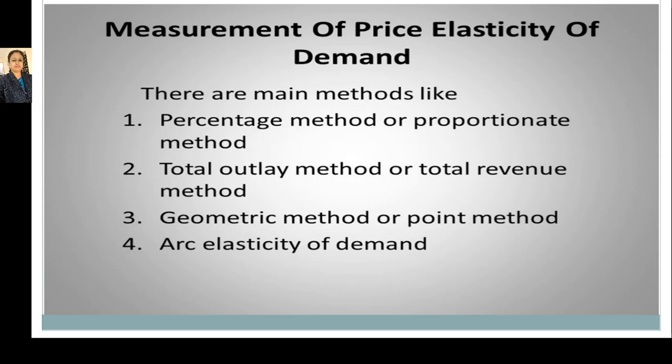And the fourth one, which is the arc elasticity of demand or arc method of measuring the elasticity of demand. So let's learn how, with the help of these four methods, we measure the price elasticity of demand. So let's continue from percentage method.